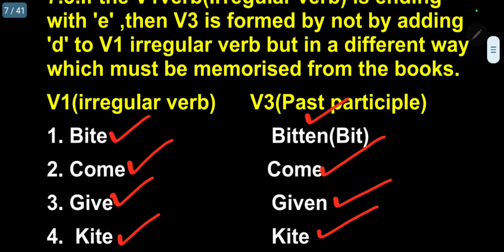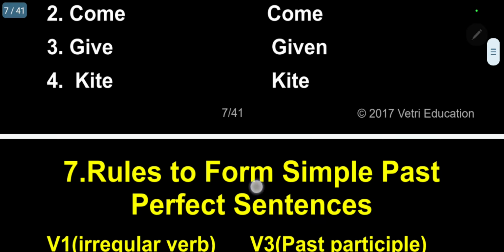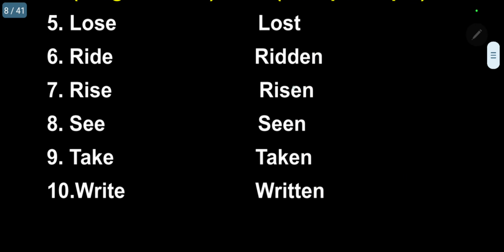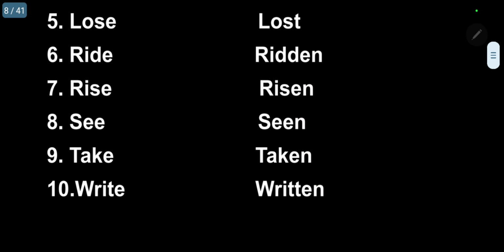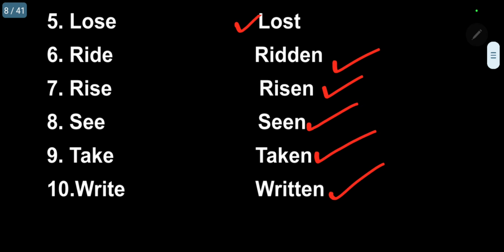So, this is only for irregular verbs. If it is a regular verb, simply we will add D. I hope it is very clear. Now, still the list continues. Lose, lost. Ride, ridden. Rise, risen. See, seen. Take, taken. Write, written. Please follow.